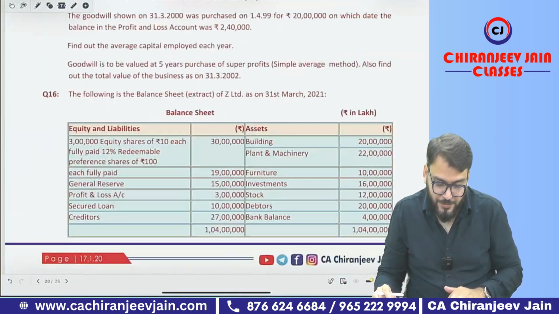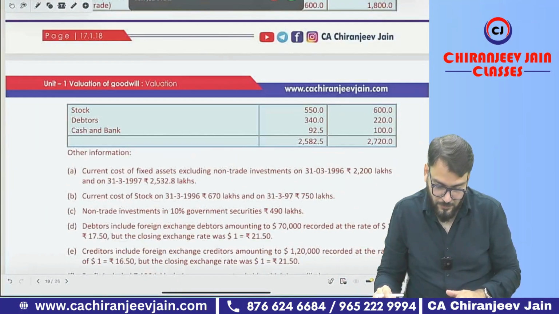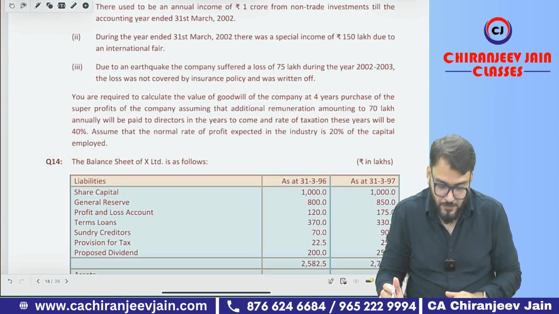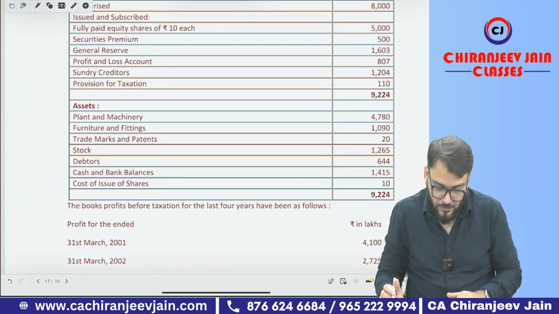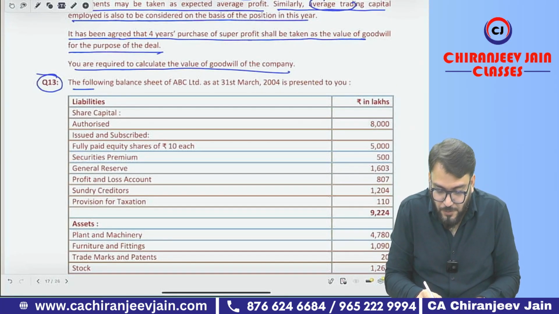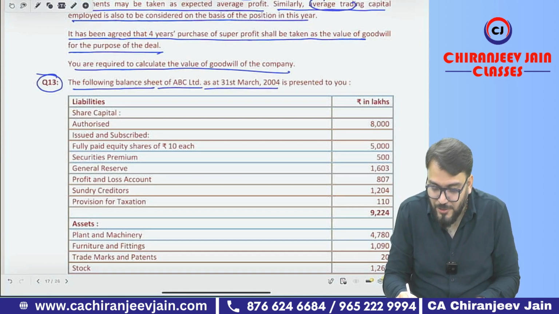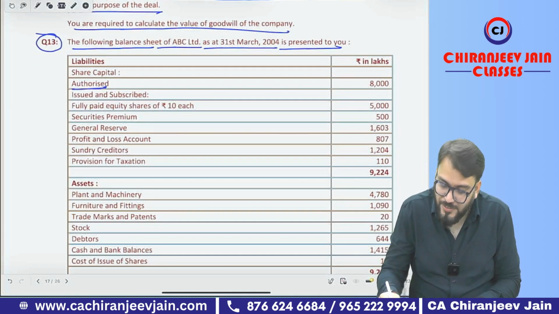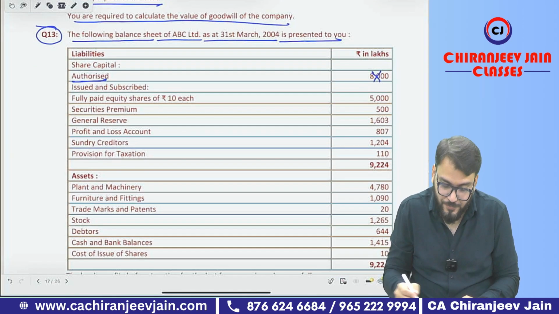Come to question number 13. This is also a good question. The following balance sheet of ABC Limited as at 31st March 2004 is presented to you. Authorized, once again, authorized is not at all relevant.